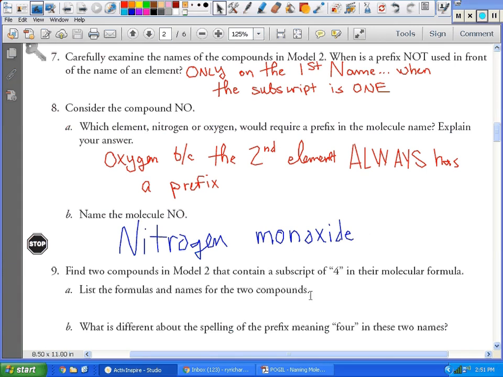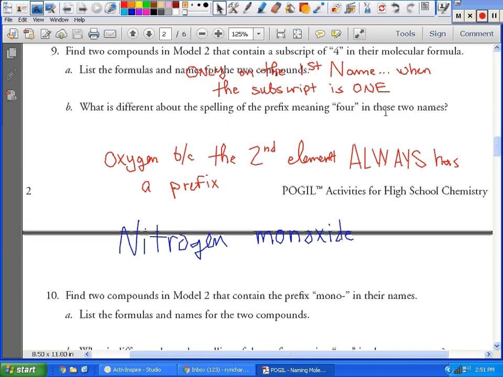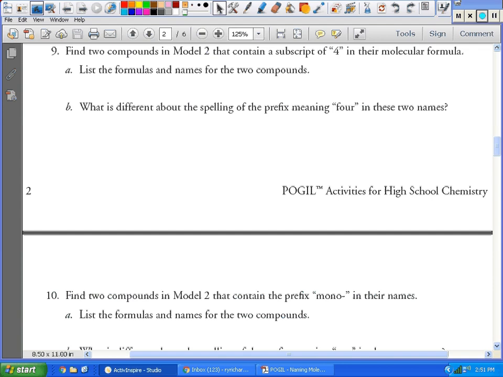All right, so let's move down to number 9. Find the 2 compounds in Model 2 that contain a subscript of 4. A. List the formulas and names. Somebody's got to help me out. What's one of them? All right, so N2O4, which is dinitrogen tetroxide.